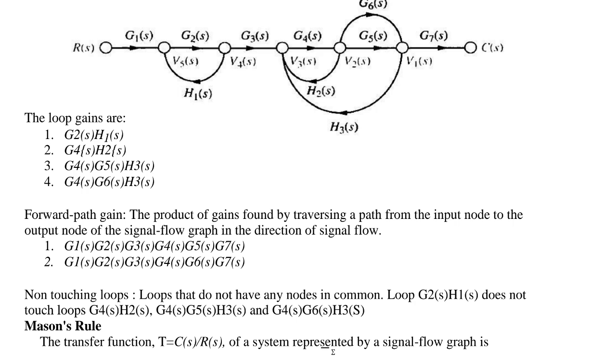From this given diagram we have two forward paths. First, the straight forward path G1, G2, G3, G4, G5, G7. You only need to consider the forward direction, not the reverse direction, because the reverse direction is the feedback path. So you only have to concentrate on the forward path. The second is G1, G2, G3, G4, G6, G7.